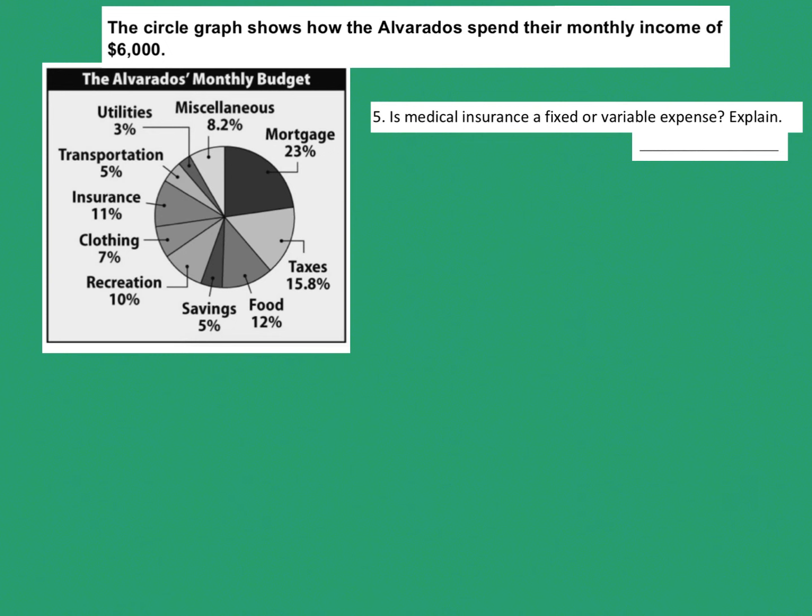Last question. It says, is medical insurance a fixed or a variable expense? And then explain. Okay, so thinking back, medical insurance, is it fixed or is it variable? When we think back, fixed means you spend the same amount every month.